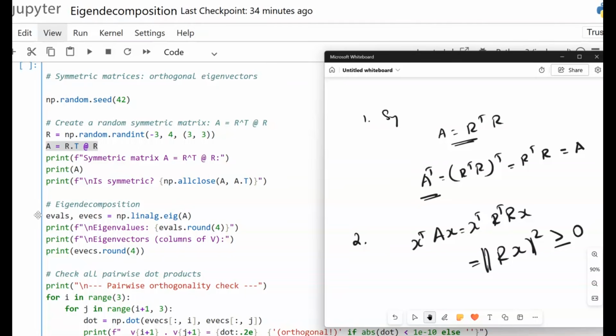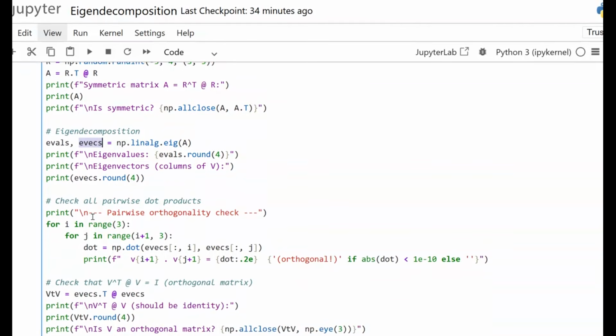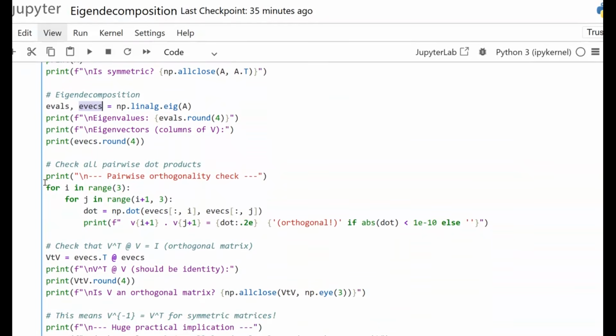Let me move on here to define the eigendecomposition. Dear friends, here we define the eigenvalues, which are real, and the eigenvectors, which can be chosen orthonormal. Okay, and let me move on to the orthogonality check.